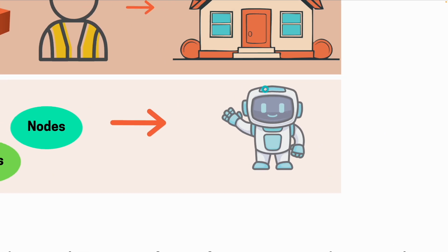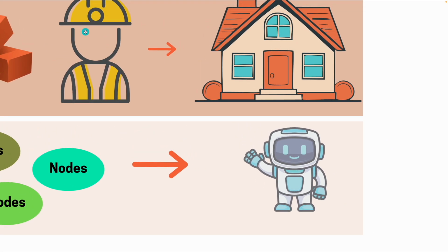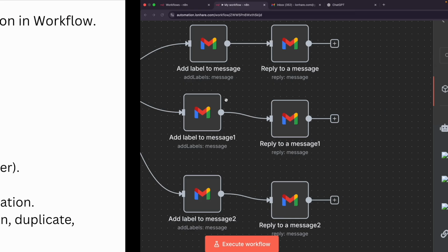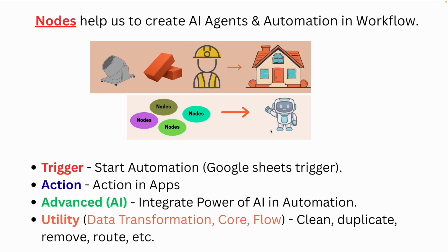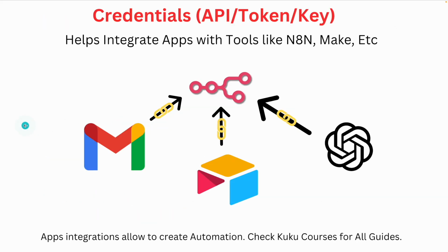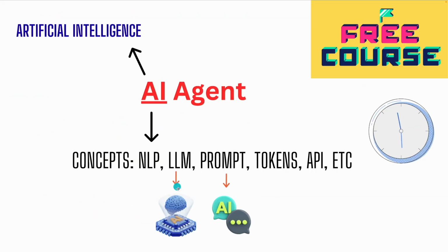Like we humans have a brain, which helps us to think and understand, and according to that we make some planning. Same with this robot, they also have a brain. Whenever you create an automation, you need to attach a brain. That is the concept of LLM.